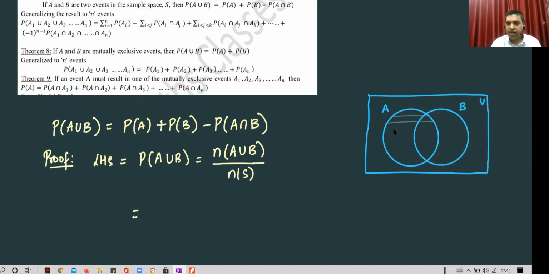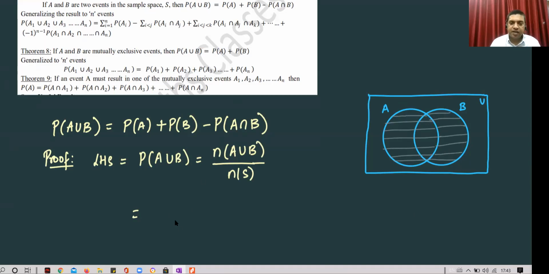It is either A or B, which means or both also. It is not saying only A or only B. So it is this region.